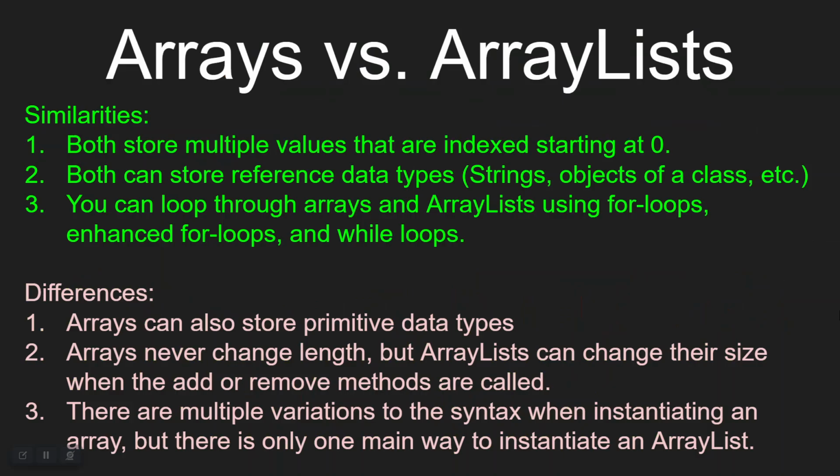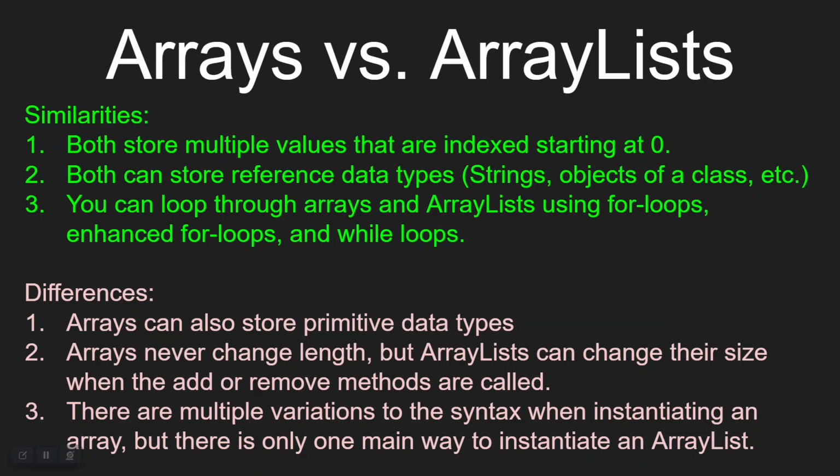So first off, we're going to do a little bit of a comparison and contrast between arrays versus array lists based on what we've learned so far. So similarities, well, let's see. We know that both arrays and array lists will allow you to store multiple values that are indexed starting at 0. The same is true of strings.